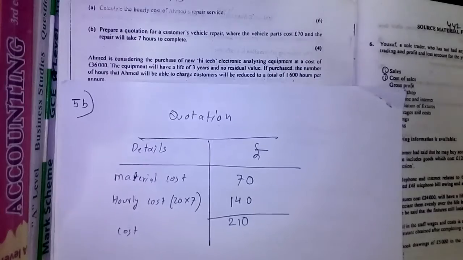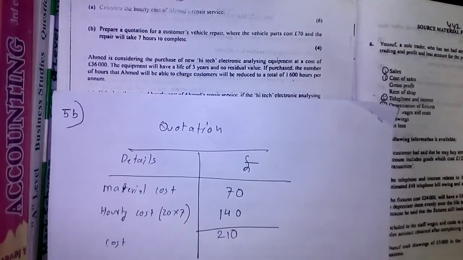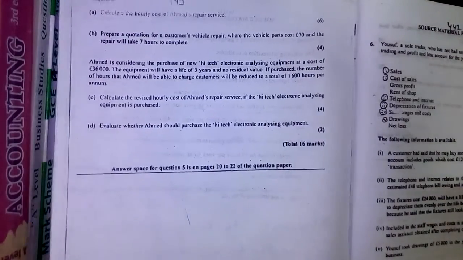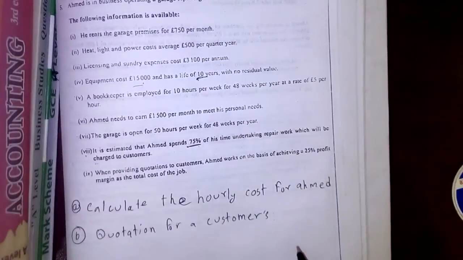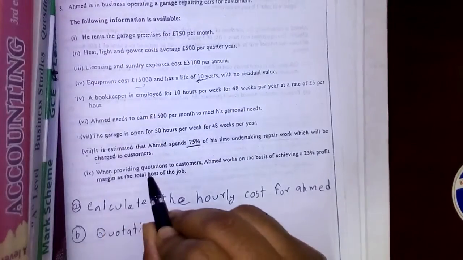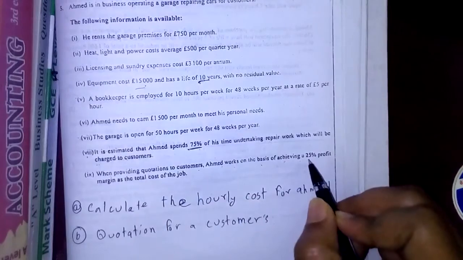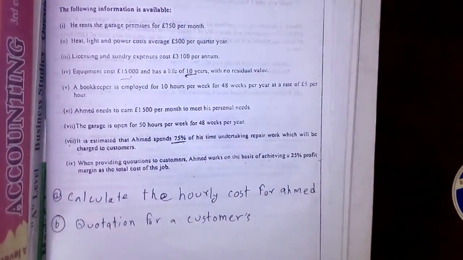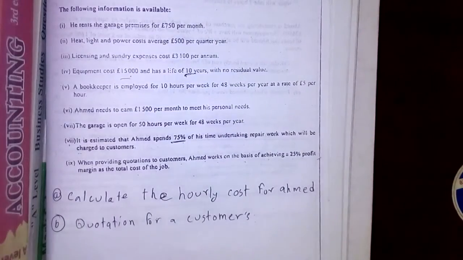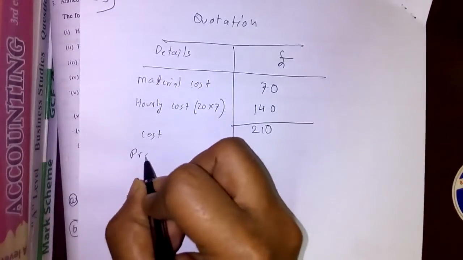Now the thing is, while doing this job, Ahmed needs to make some profit. And in the question, it clearly says that Ahmed makes a profit margin of 25%. Turn back, you'll see that when providing a quotation to customers, Ahmed worked on the basis of achieving a 25% profit margin as the total cost of the job, which means no matter which job he does, whatever the cost is, he makes a profit of 25%.